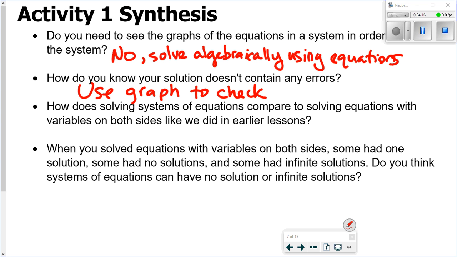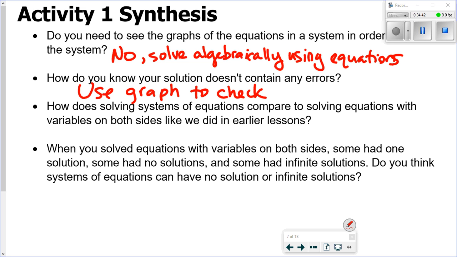How does solving the systems of equations compare to solving equations with variables on both sides like we did in earlier lessons? Well, to find the x value of our system of equations, it's the exact same concept as solving an equation like we did earlier in this unit. You have two original equations in the system that we were able to make one giant equation out of by setting them equal to each other.